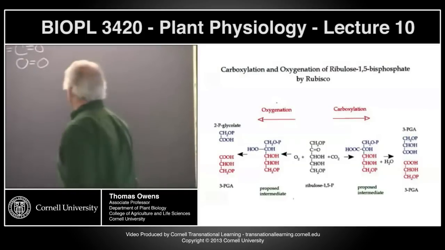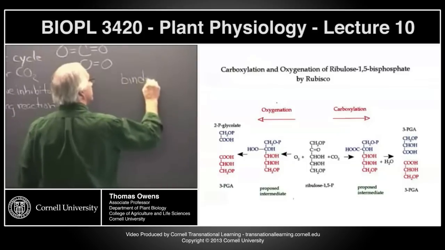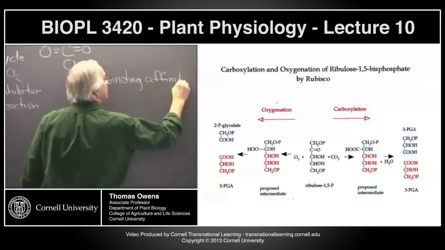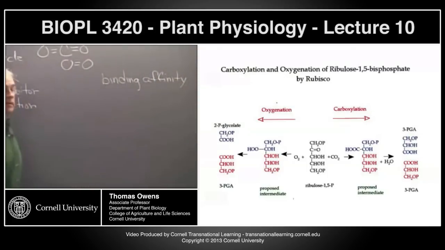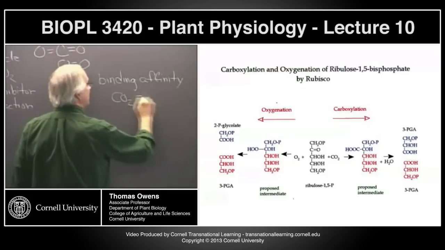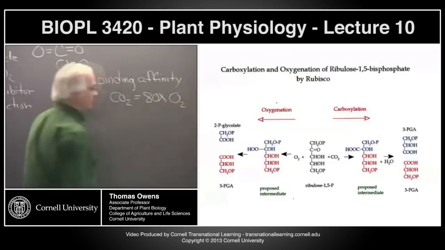So let's first of all think about binding affinity for oxygen and CO2. So for CO2, the binding affinity is about 80 times the binding affinity for oxygen.